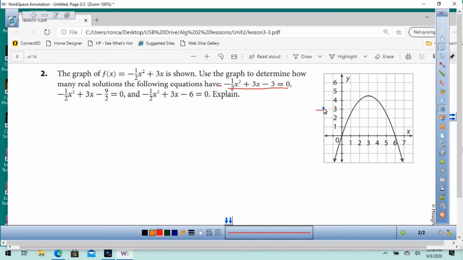That's closer. So we added 3 to both sides, and we got negative 1/2 x squared plus 3x equals 3. And you notice it crosses here and it crosses there. So we have 2 real solutions.